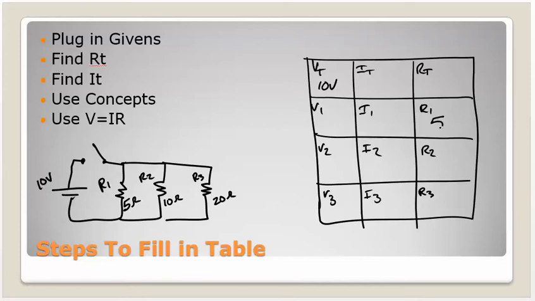Resistor 1 is 5, resistor 2 is 10, resistor 3 is 20. You know what? We're going to hold off on this just for right now. I think the important thing would be for us to be able to simply be able to do this, the circuit diagram, and get to the parallel circuit. We're going to hold off on this for right now.